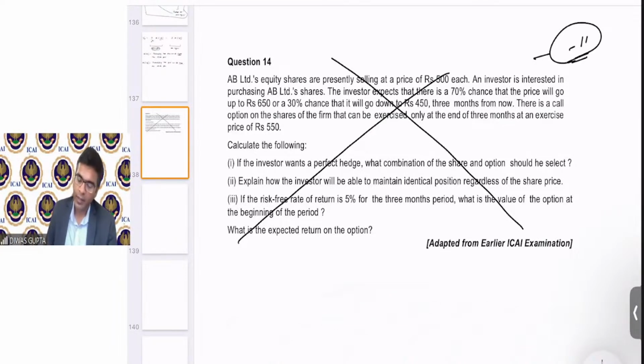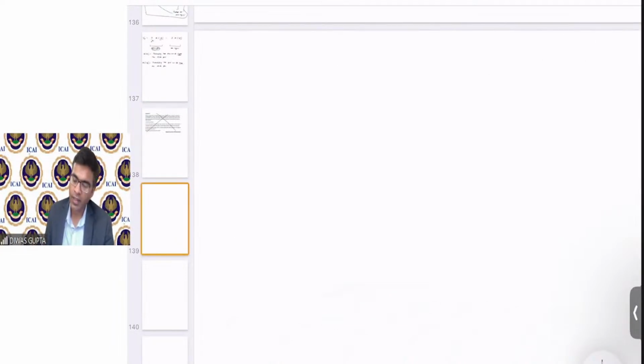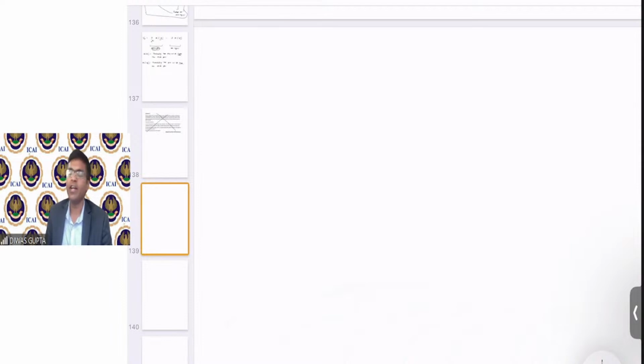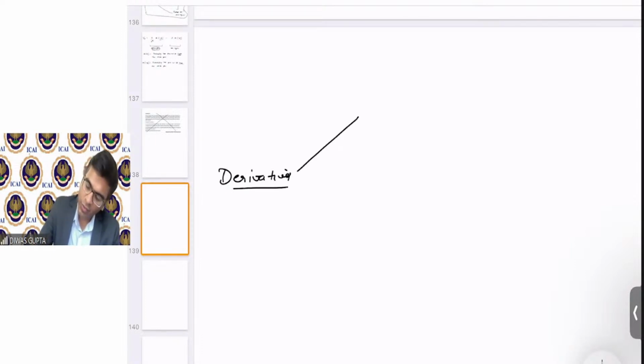Okay. Now, students, see, till now, what have we done in derivatives? We have understood about forwards, we have understood about futures, we have understood about options.